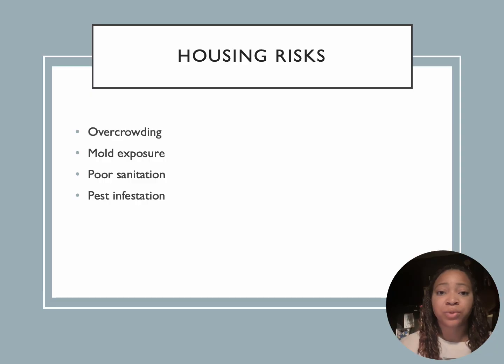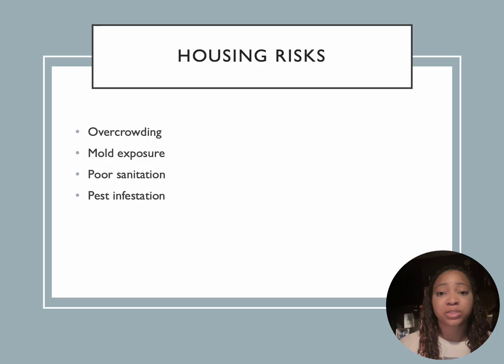Inadequate sanitation and waste management can contribute to gastrointestinal illnesses and attract pests, which further increases the risk of disease transmission. Additionally, substandard housing can, again, increase stress and mental health challenges, and overall reduce the quality of life in poor income populations.